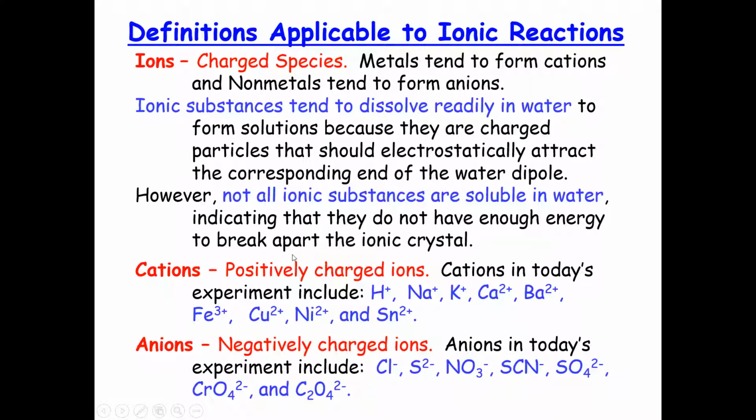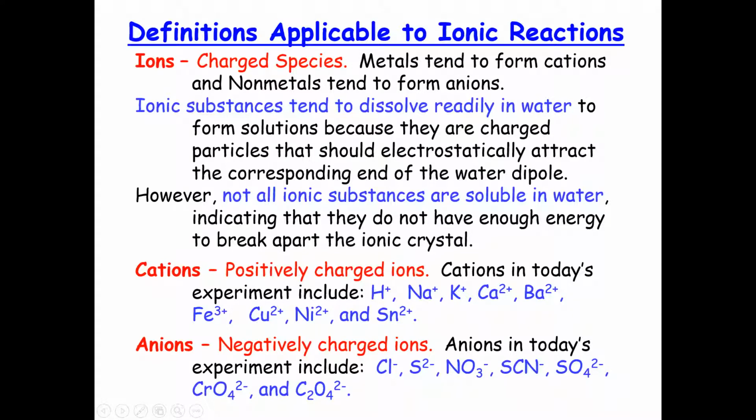The cations are positively charged ions. Cations in today's experiment include hydrogen, sodium, potassium, calcium, barium, iron, copper, nickel, and Sn, which I think is tin. The anions that we will be talking about today are chloride, sulfide, nitrite, sulfate ion, and chromate ion.